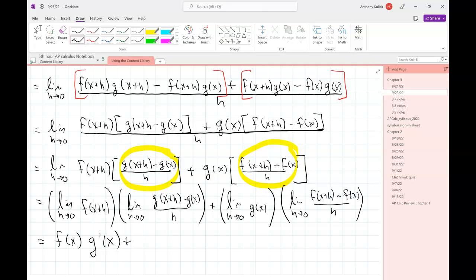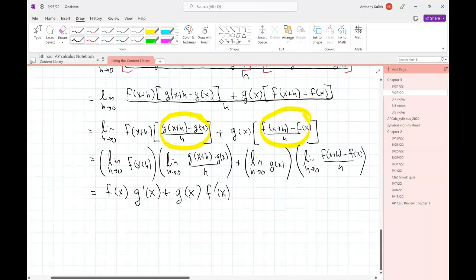The limit as h approaches 0 of g of x is just g of x. And the limit as h approaches 0 of f of x plus h minus f of x all over h is just the definition for the derivative of f. So this is our product rule.